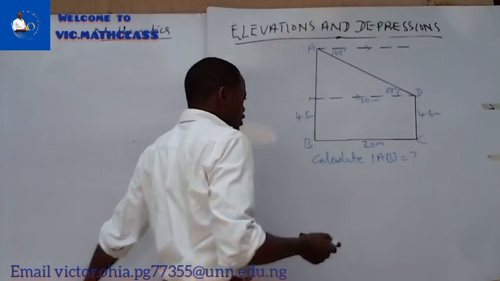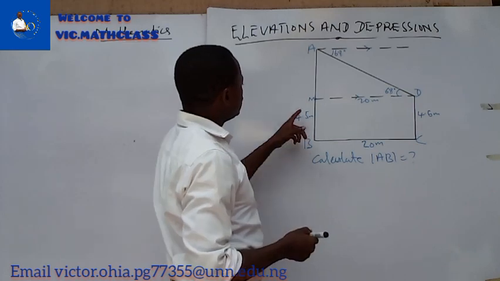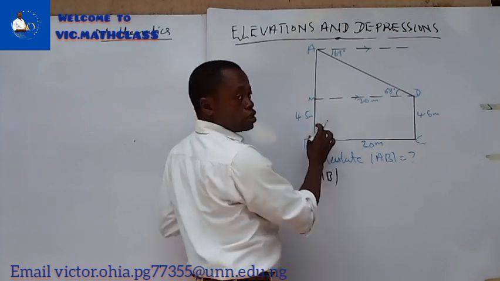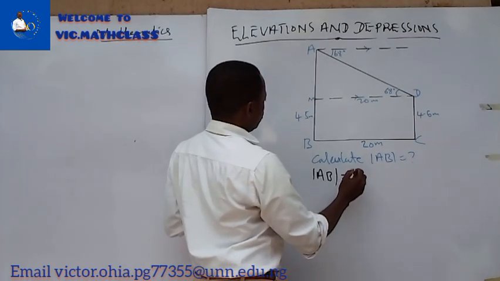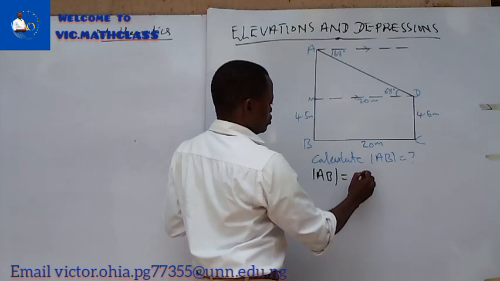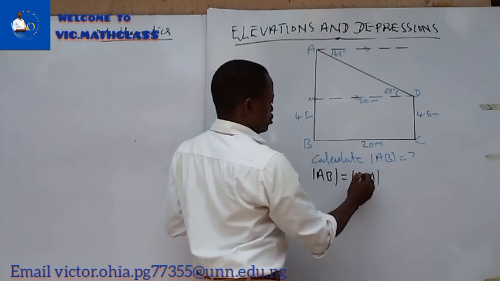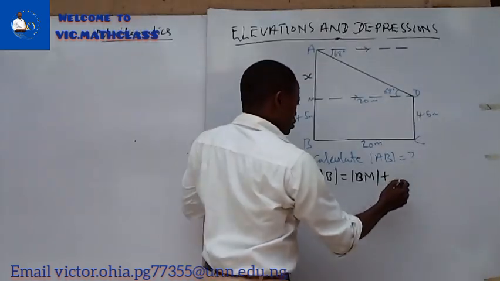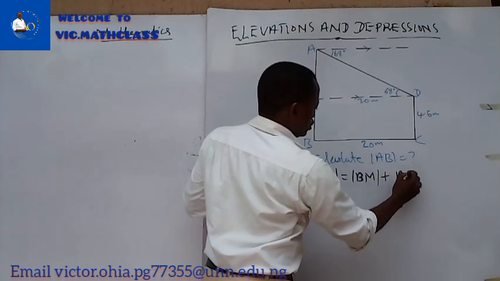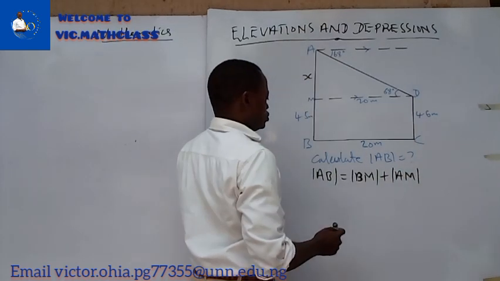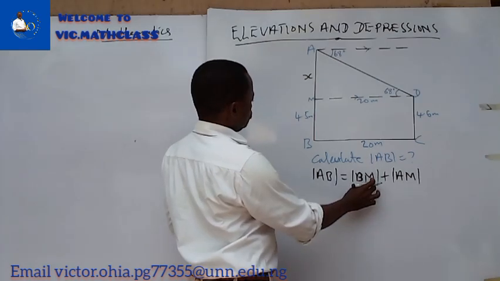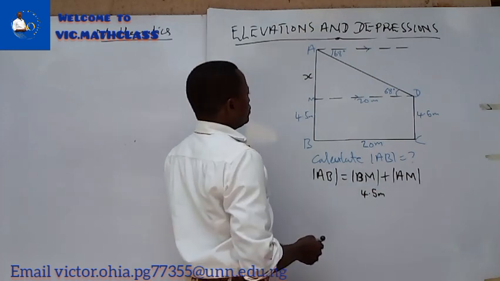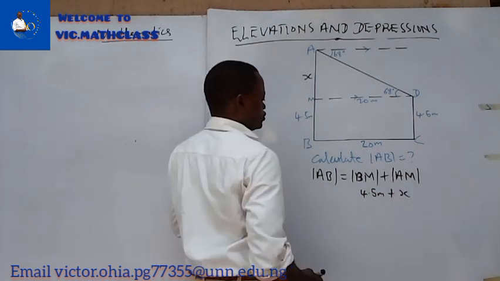If you look carefully, you realize that AB is a combination of BM plus AM. If I call BM x, and AM we know to be 4.5 meters, what is left now is for us to calculate x.